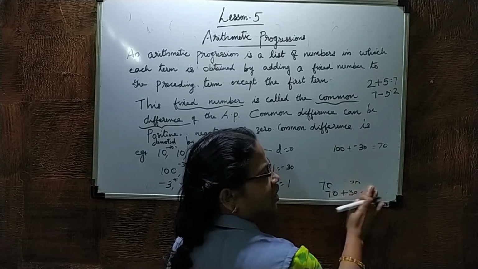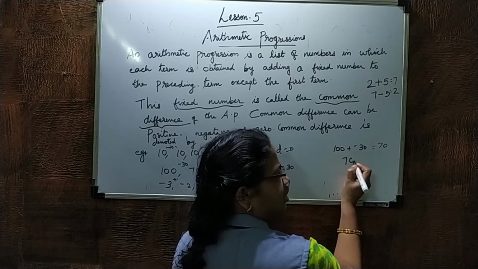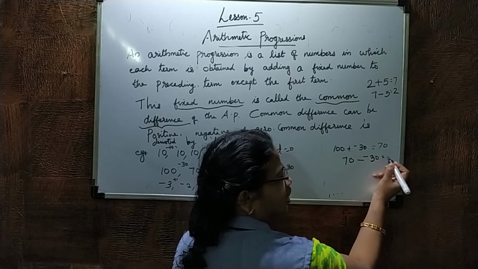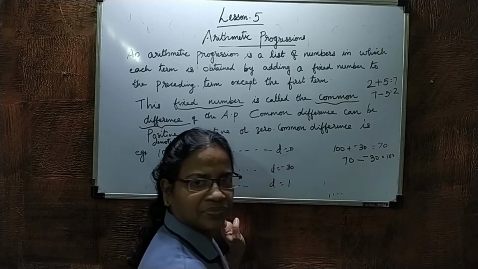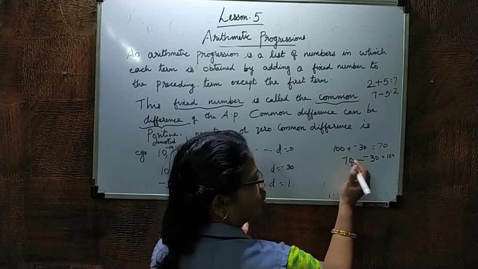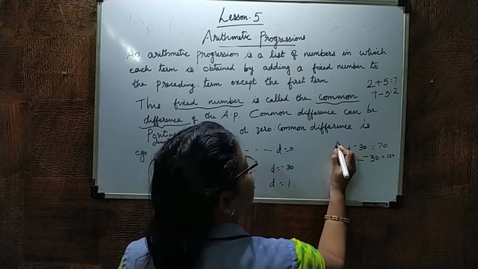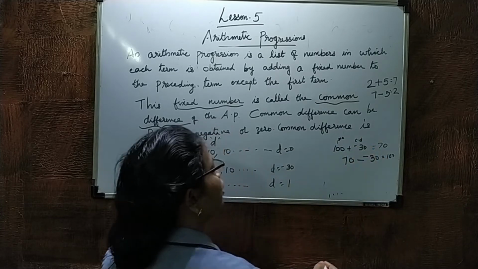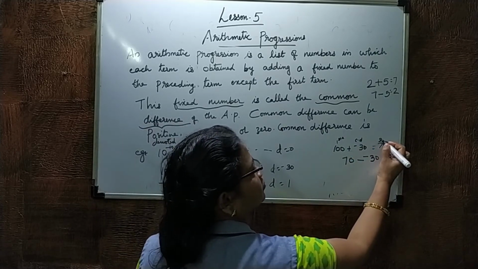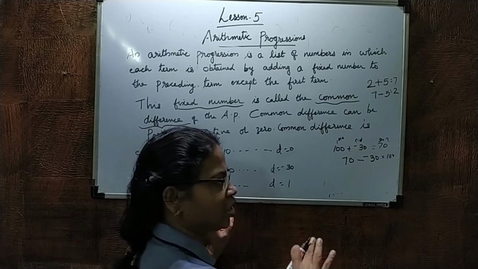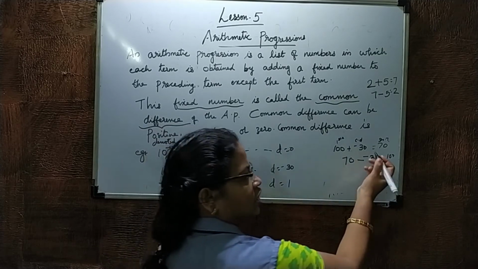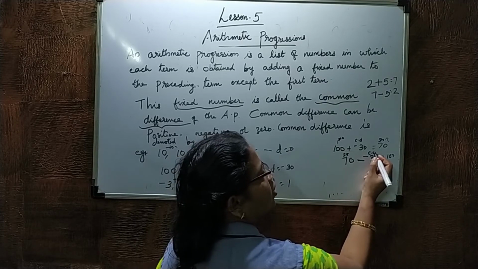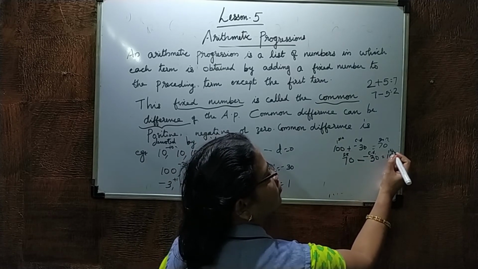So what we can write then? It is 70 minus negative 30, you will get the answer 100. Here, 100 is the first term. Here this is the common difference. You got the second term. Again we have to change with the minus. How will you do? It is the second term minus common difference. You got the first term.